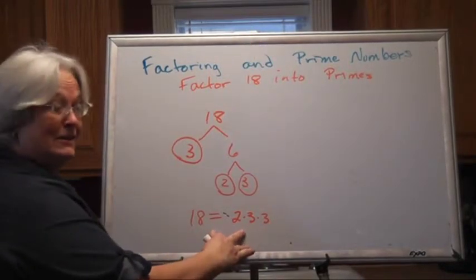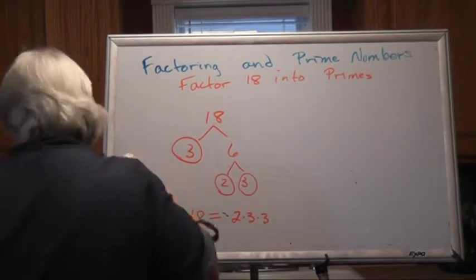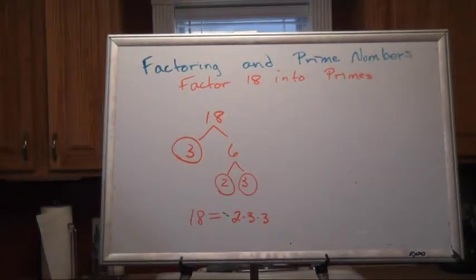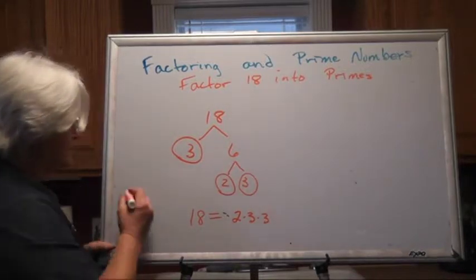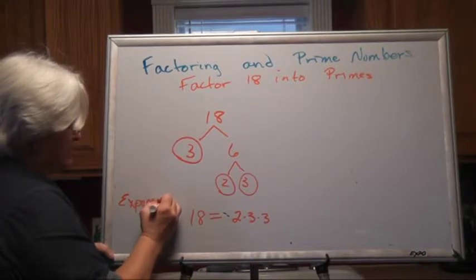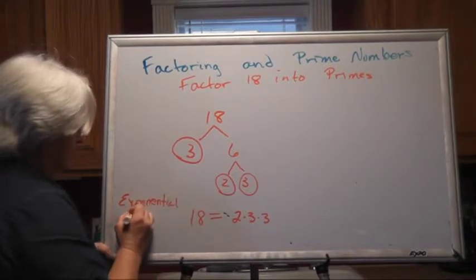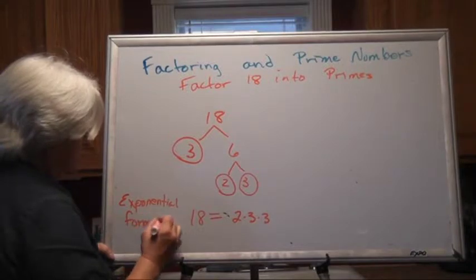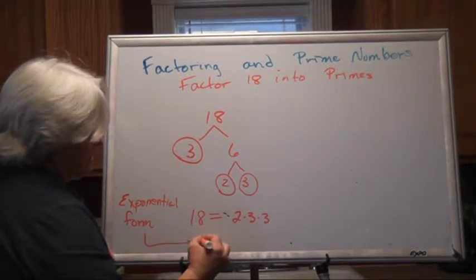It's true that 18 is equal to 2 times 3 times 3, but if you are specifically asked to give the answers in exponential form, make sure that you read your instructions. That's what this is going to be.